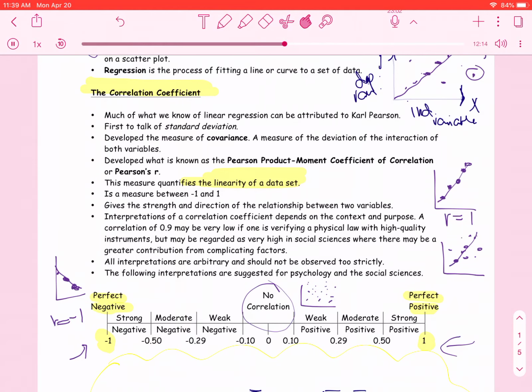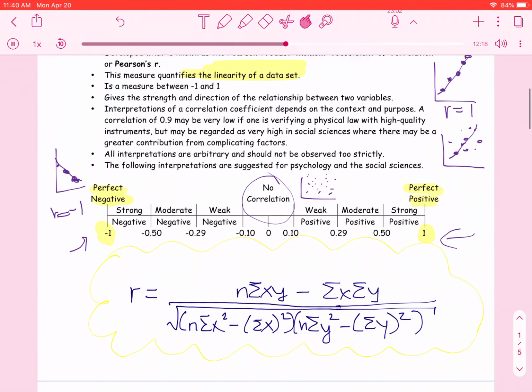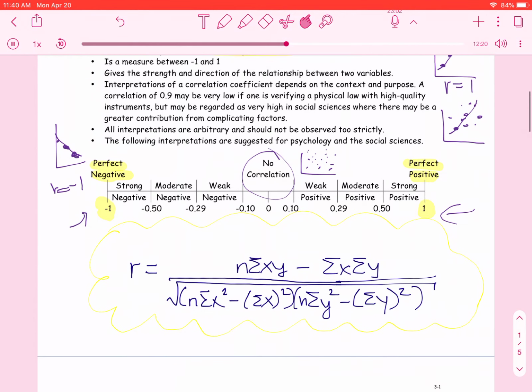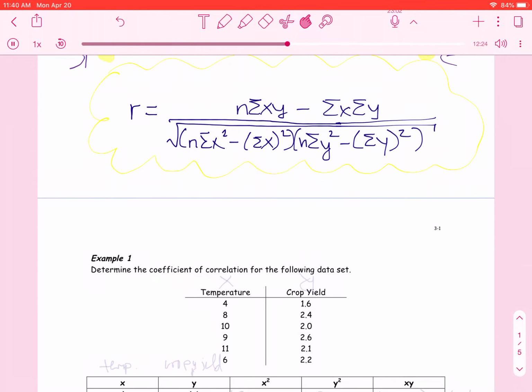So what we're going to do is determine the correlation coefficient for the following data sets. We have temperature and we have crop yield. As you can see, our temperature represents your x values, and your crop yield represents your y values.